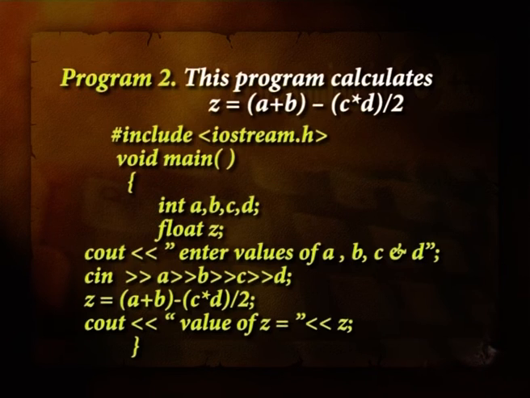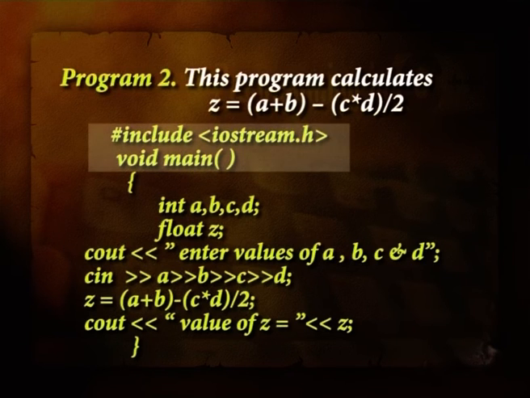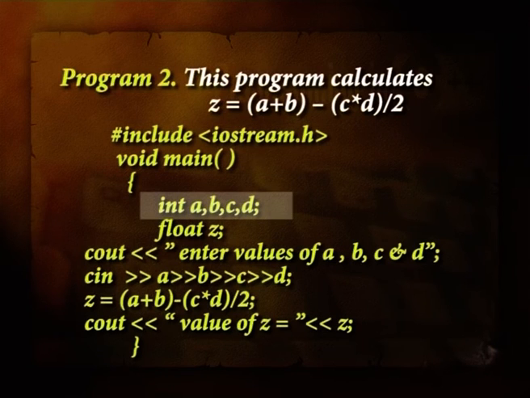This program calculates z equal to a plus b minus c into d divided by 2. Hash include iostream.h, void main, this is a main program, int a, b, c, d, this is a declaration of 4 variables a, b, c and d as integers.